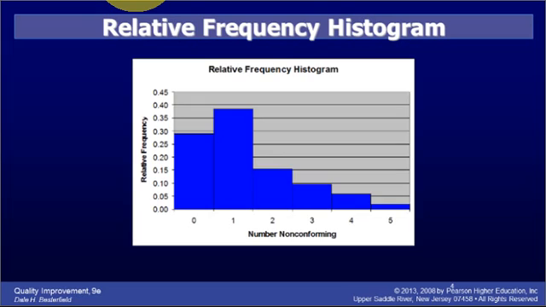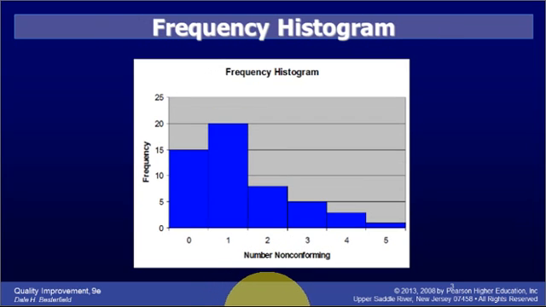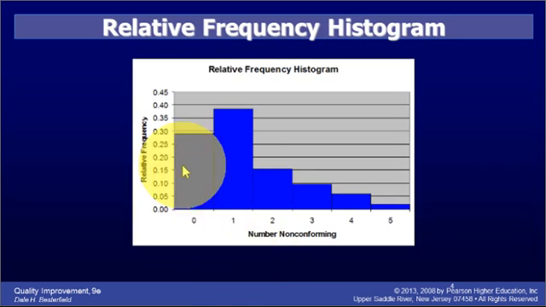We can also draw the relative frequency histogram. This is similar to the frequency histogram, except the vertical axis now stands for the relative frequency, which is the proportion of the frequency compared to the total in each class. And if you go back to the frequency histogram, you can see that they share the same shape, except they are in different scale.